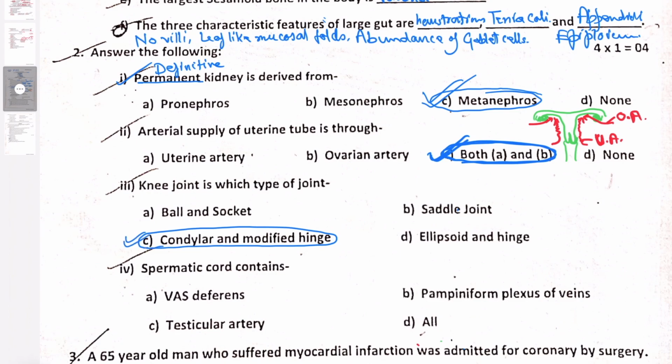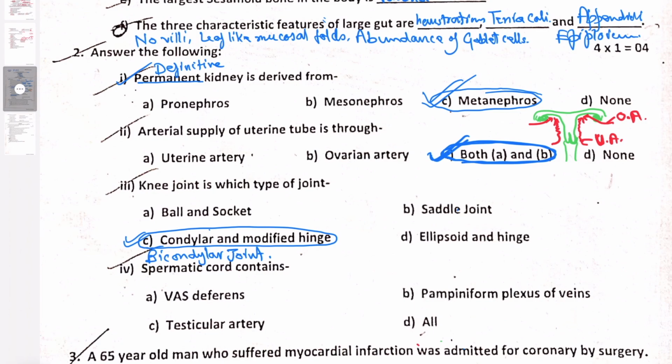One thing, it is not a condylar joint, rather it is a bicondylar joint. Remember this, the two condyles, the medial femorotibial joint and the lateral femorotibial joint, both are condylar joints. So we call the knee joint a bicondylar joint.